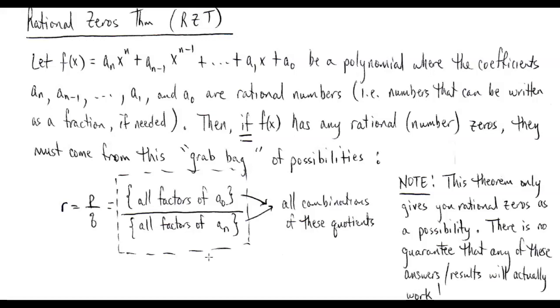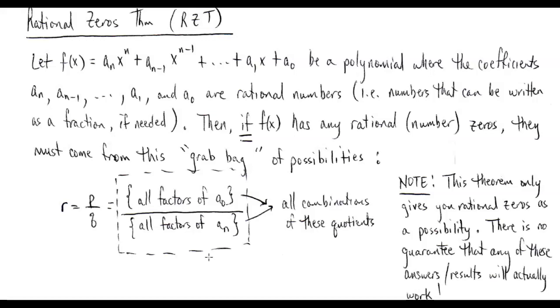Meaning that if any numbers of a certain type end up being a 0 for the polynomial, meaning that I plug in that particular value and I get 0 as a result, it has to come from this list. Okay. So let's read the theorem, interpret what it's saying, and then see an example.